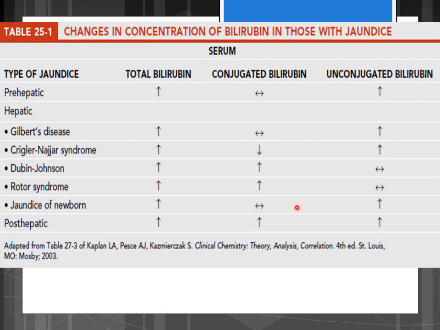Okay? In the post-hepatic, ano yung mga possible causes ng post-hepatic? Obstruction pag may mga gallstone or tumor. Okay? So, since okay naman yung functioning ng enzyme, nako-convert naman siya ng maayos, pero hindi siya nare-release, ano yung tumataas? Hindi kasi nare-release tong conjugated bilirubin. Okay? So, guys, as you can see here, mataas din ang unconjugated bilirubin niya. Okay?